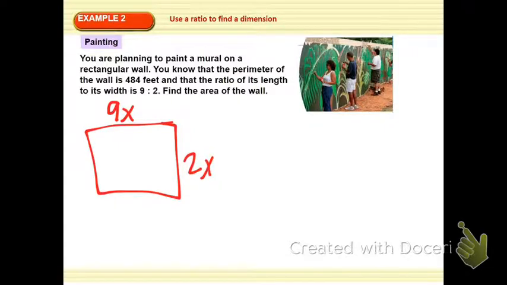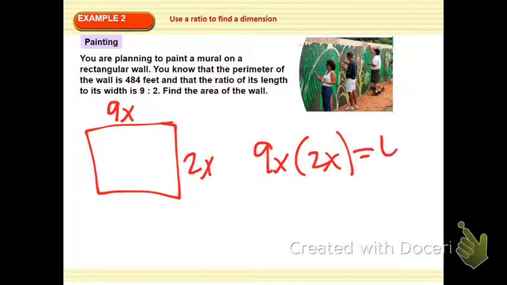So we would say 9x times 2x equals 484, because we're finding the area. No, you're finding perimeter, right? Oh yeah, it's perimeter, so I take that back.